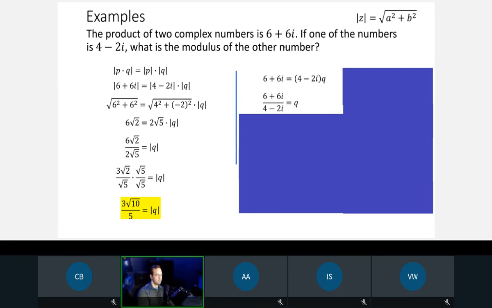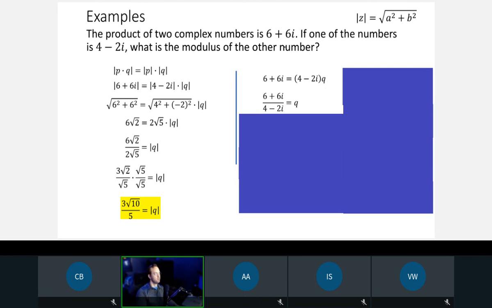How do I simplify that fraction? Conjugate pairs, Emily says. Conjugate pairs. Anybody else agree with her? Multiply, so we're going to multiply that fraction by the conjugate pair of that denominator.